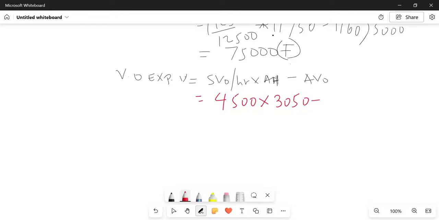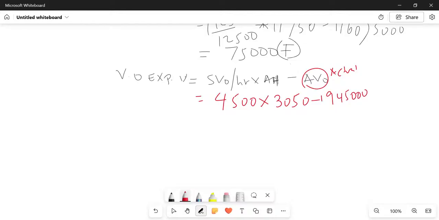Do we have actual variable overheads from the actual information? From the actual information, actual variable overheads, how much? Somebody 13? 945.